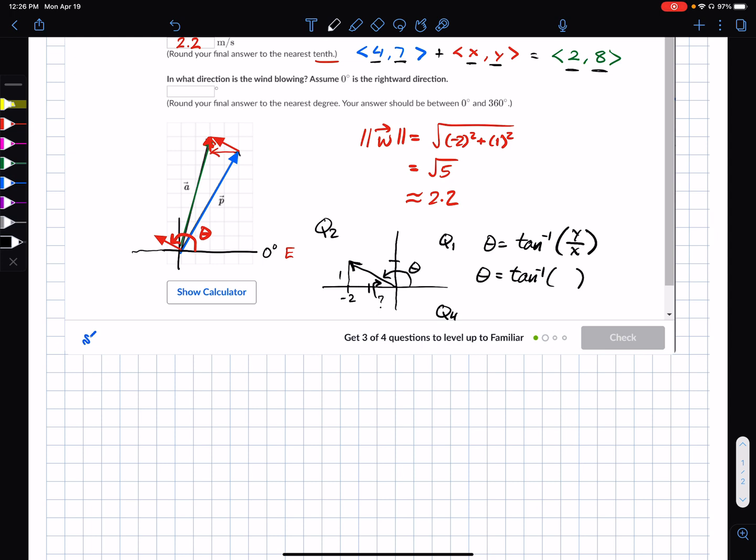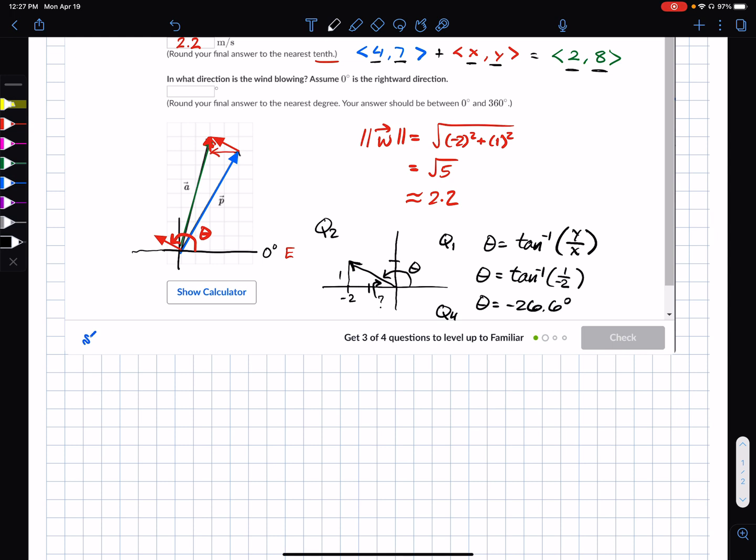So follow me on this. Let's put in our x and y value. That's going to be +1 over -2. And off screen, I'm going to do that here, making sure I'm in degree mode on my calculator. I get tan inverse of -1/2, which is -26.6 at first, and I'll round it off when we're done.